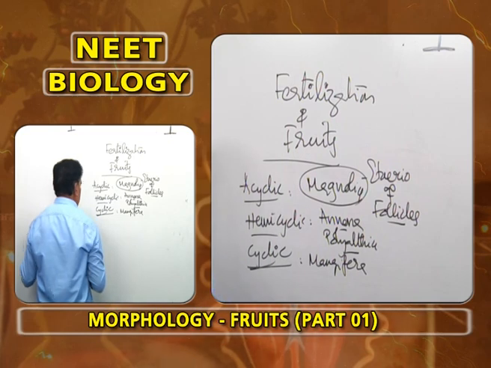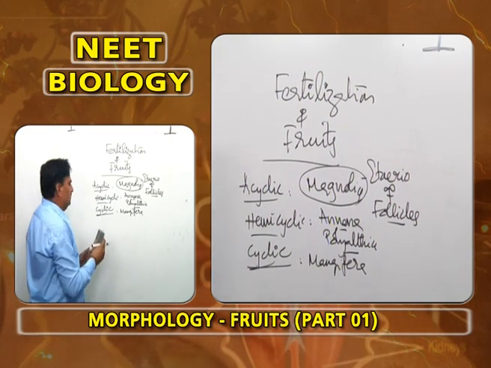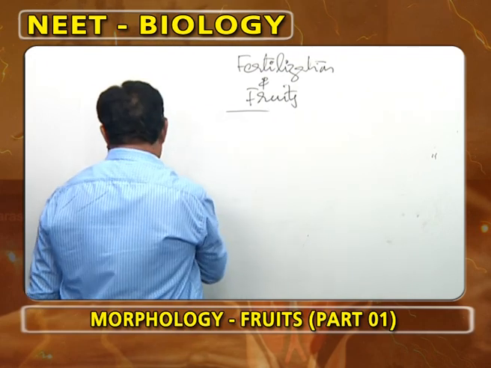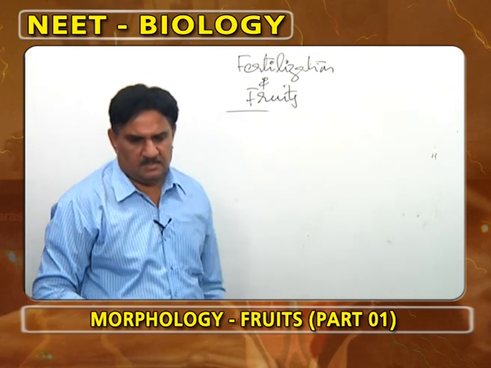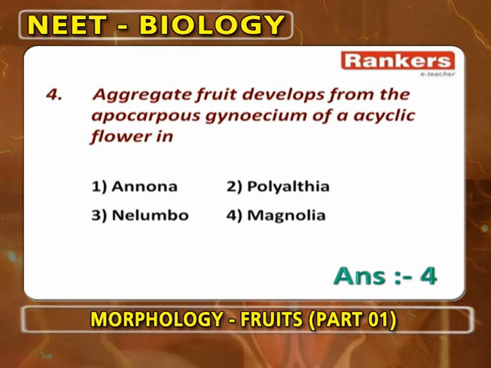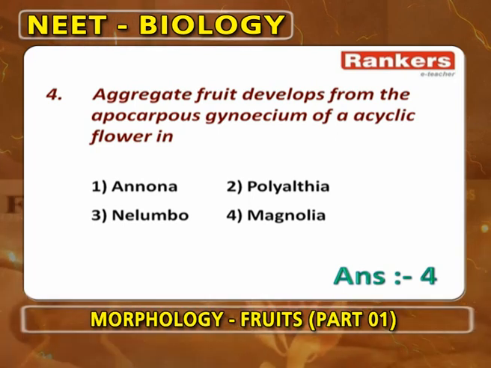So etaerio of follicles means an aggregate fruit. Aggregate fruit, etaerio of follicles, is formed from the apocarpous gynoecium of an acyclic flower. So the answer is magnolia.